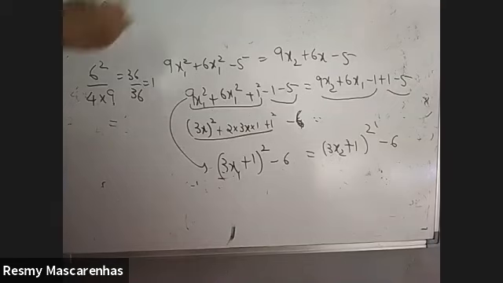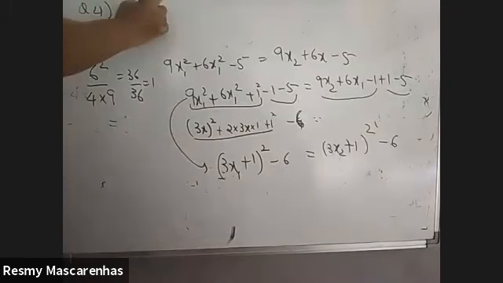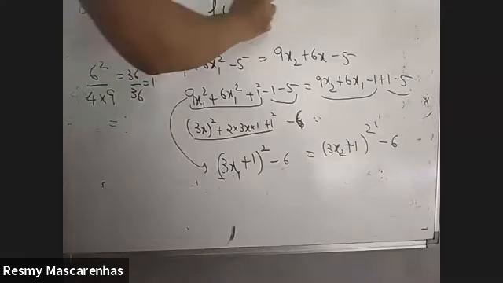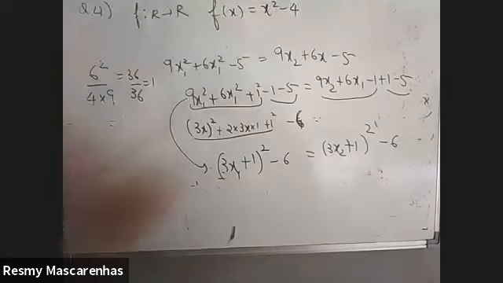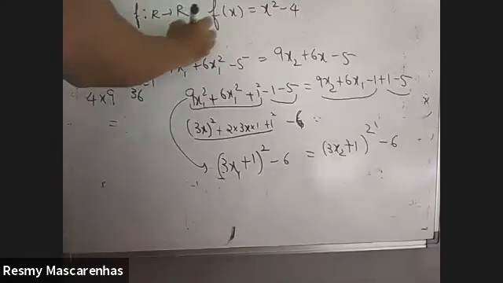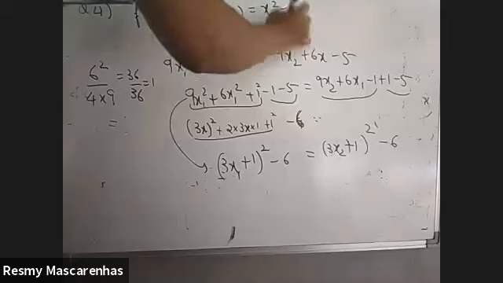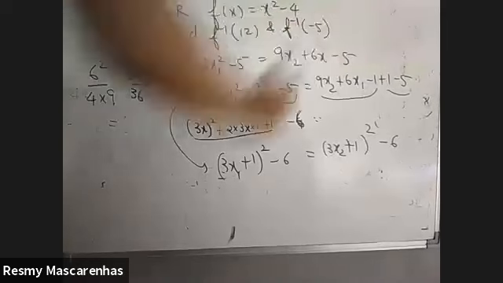Main question 4. So f from R to R is defined by f of x is equal to x square minus 4. Find f inverse of 12 and f inverse of minus 5.